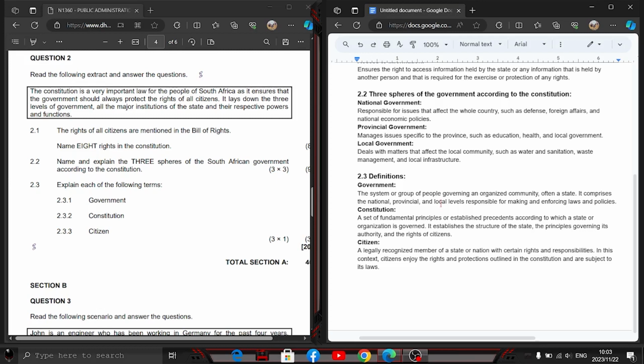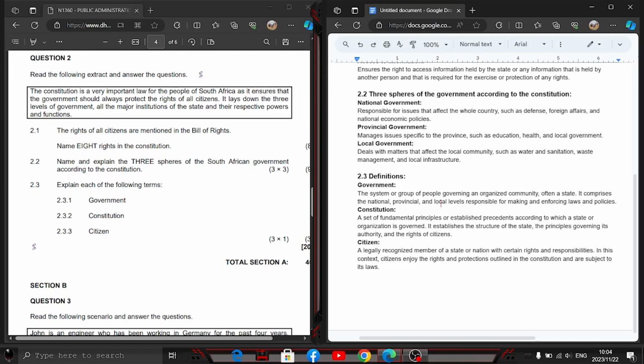You understand? So basically, the government is a system or a group that governs the state. You understand? If as a country we are saying that we want order, we want the country to function in an orderly manner, there needs to be someone who steers the whole ship.